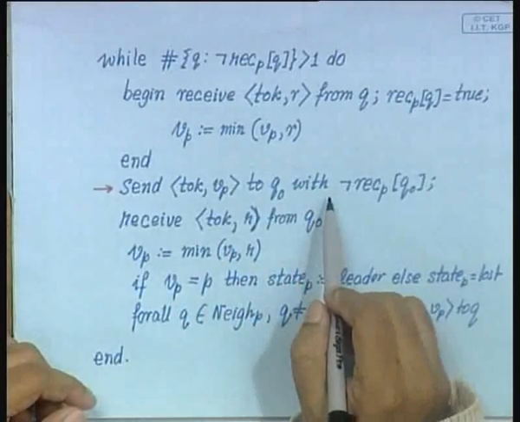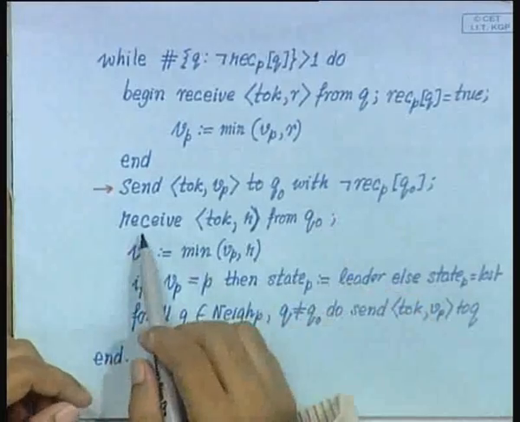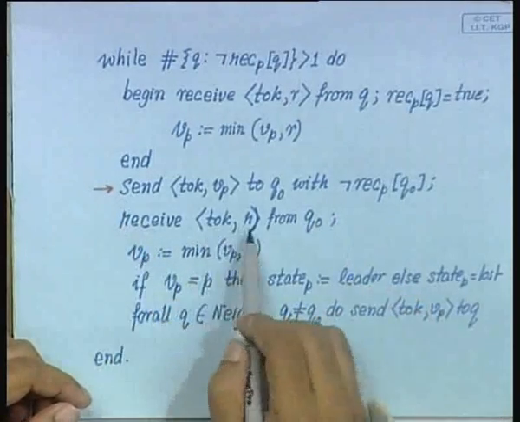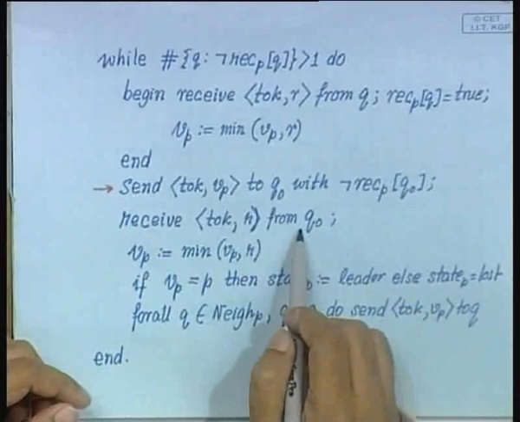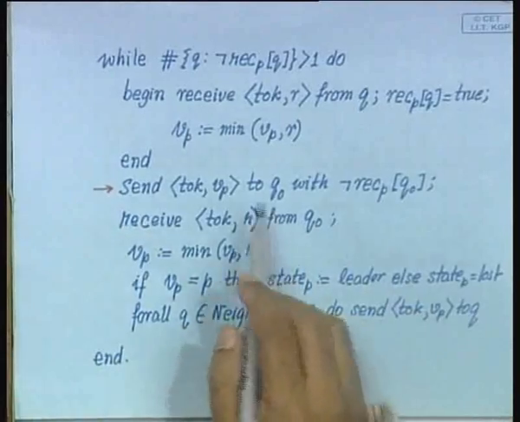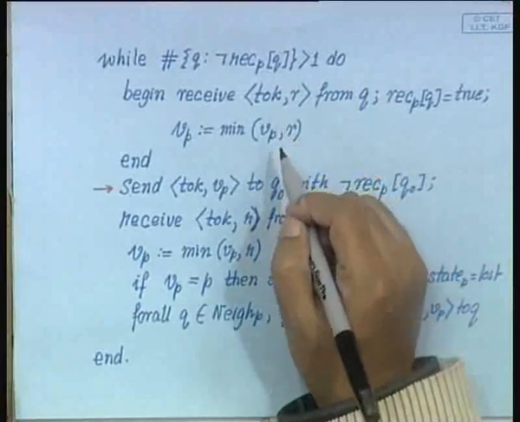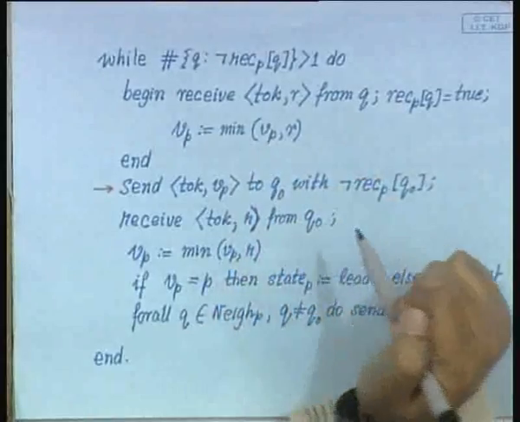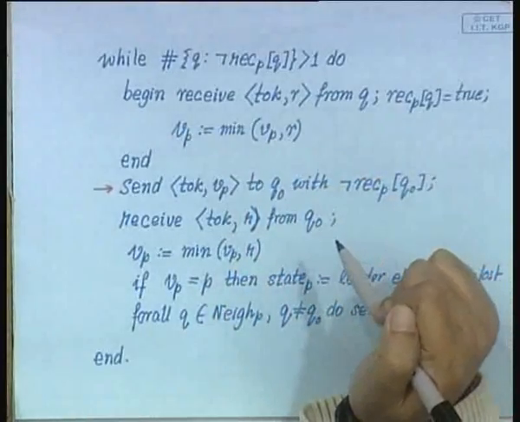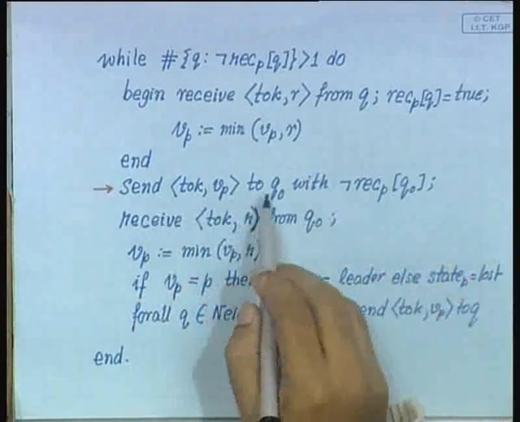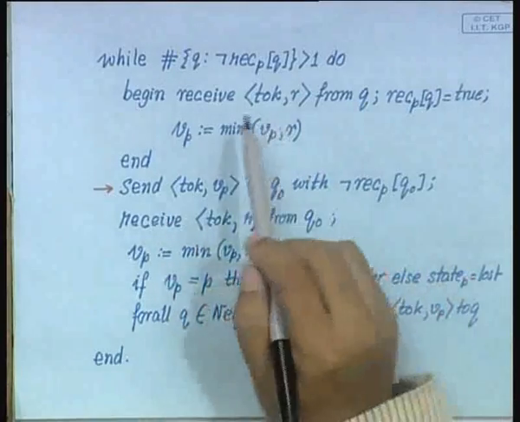And then they receive token from the neighbor. So, again just like we had for the wake up, the tokens will be sent out and received. Okay. So, the leaf is sending it to its parent, and what is the parent doing?